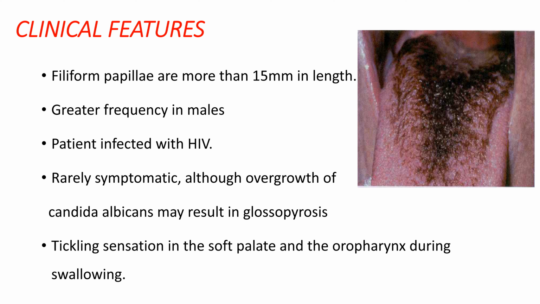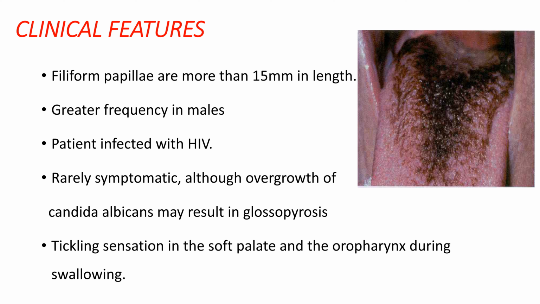Then coming to the clinical features of hairy tongue. The normal filiform papillae are approximately 1 mm in length, but in hairy tongue, the filiform papillae are more than 15 mm in length. It has been reported with greater frequency in males as compared to females.